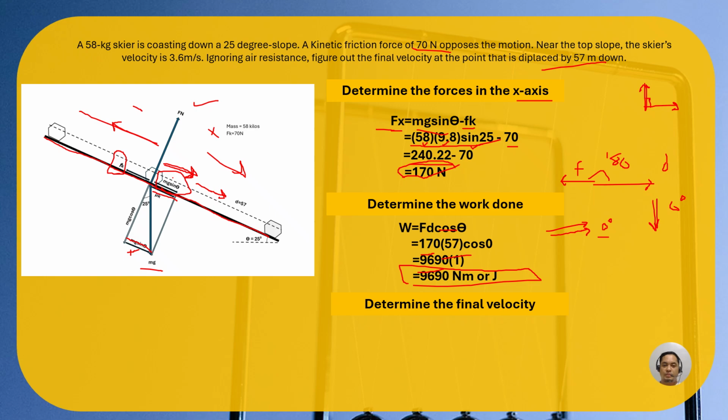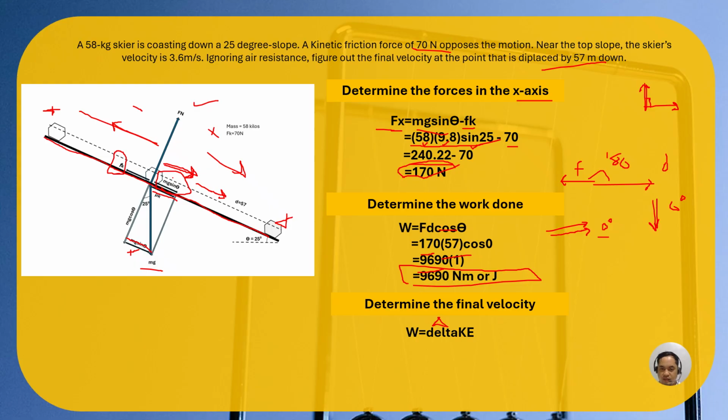Now, the problem wants us to know the final velocity from this position all the way to this final position. So in doing that, we will incorporate the conservation of energy. Work is equivalent to delta, or change in kinetic energy.